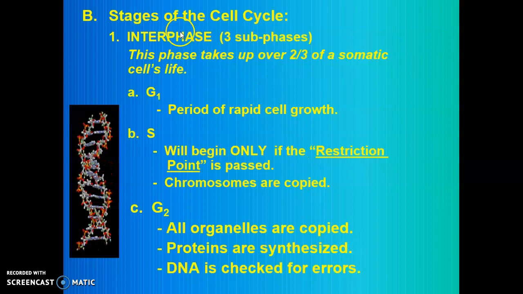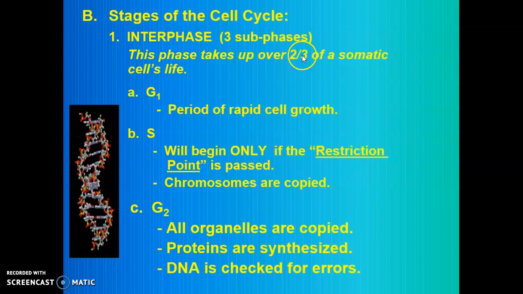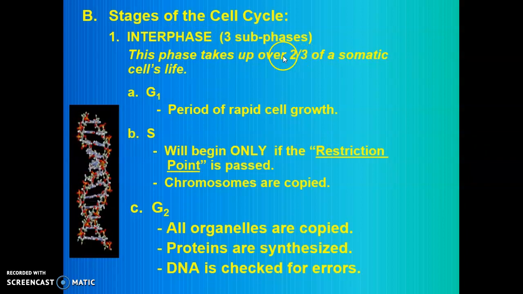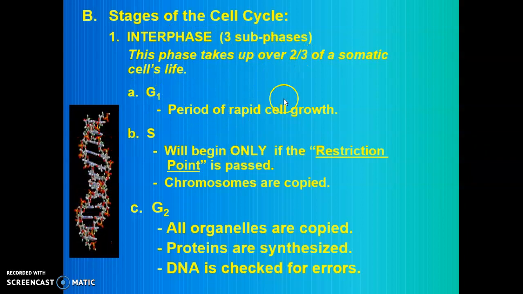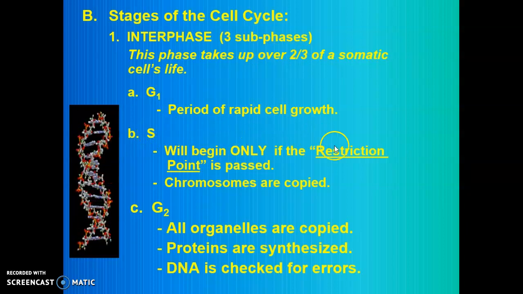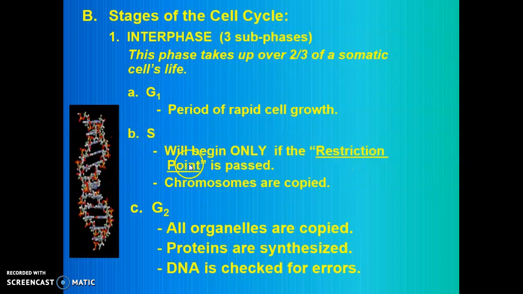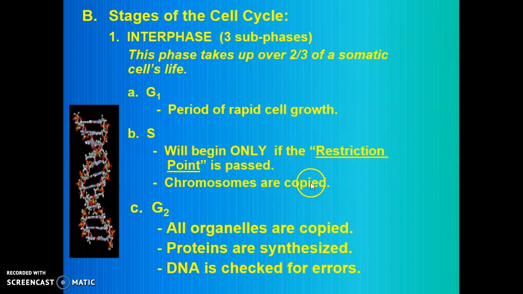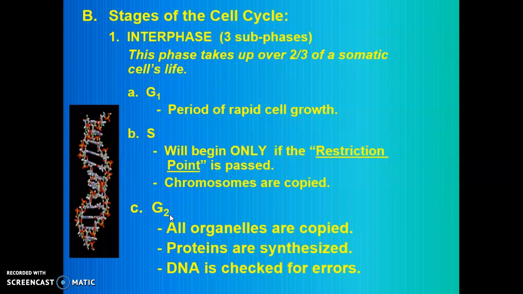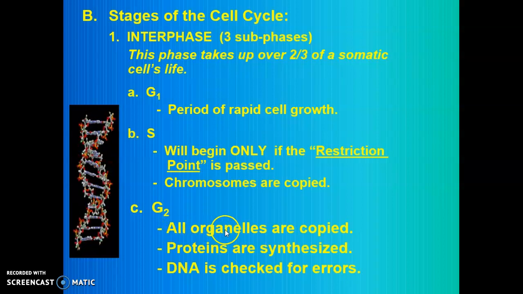But as far as interphase goes, again, at least 2/3, 66% or more of a cell's life, break its life down in the G1 growth, S phase for synthesis. If it gets too big and passes this restriction point, it'll copy all its DNA. And then G2, the third and final subphase of interphase, will occur where now we're going to make all organelles.